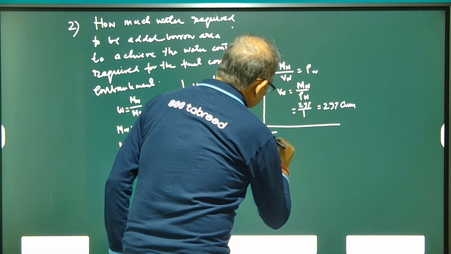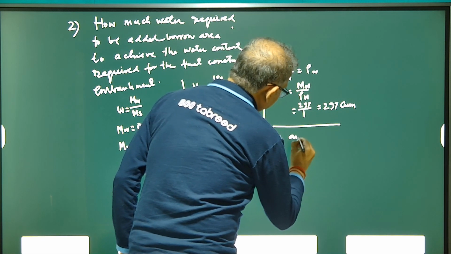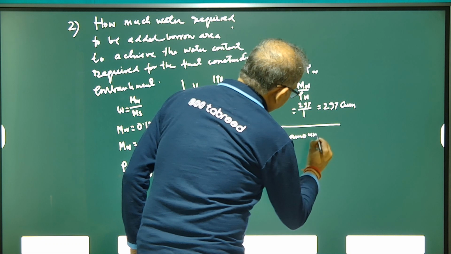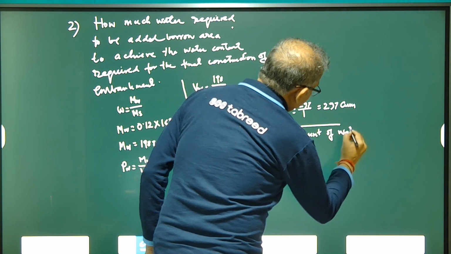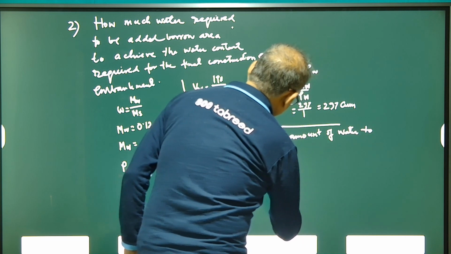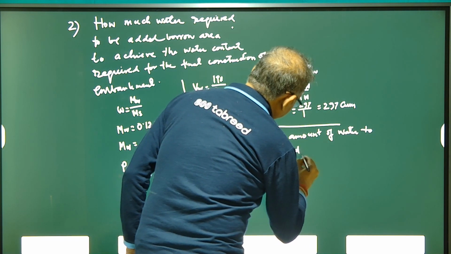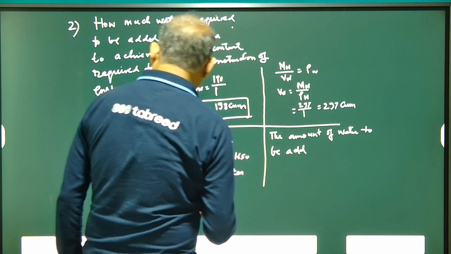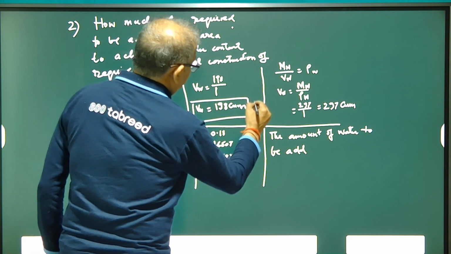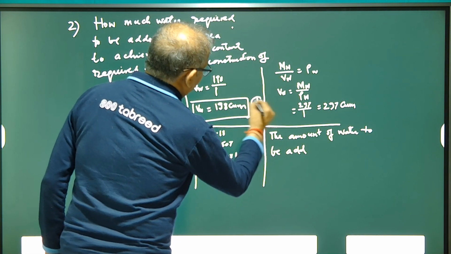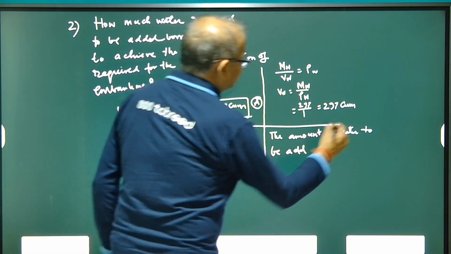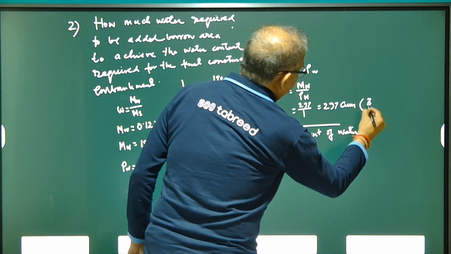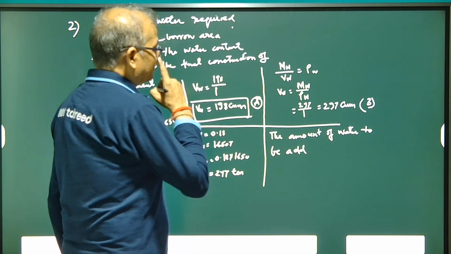The amount of water to be added will be: A, amount of water available in the borrow area soil, and B, amount of water required to achieve 0.18.